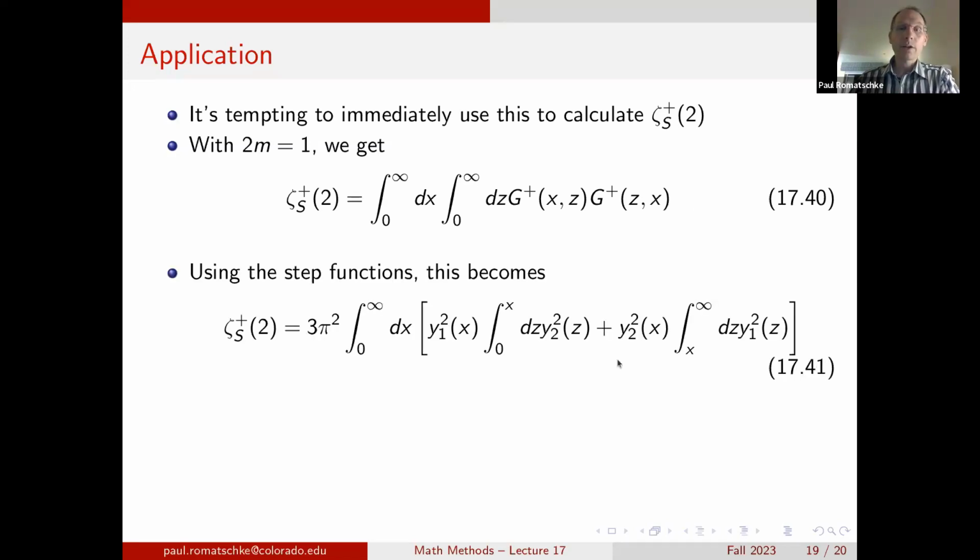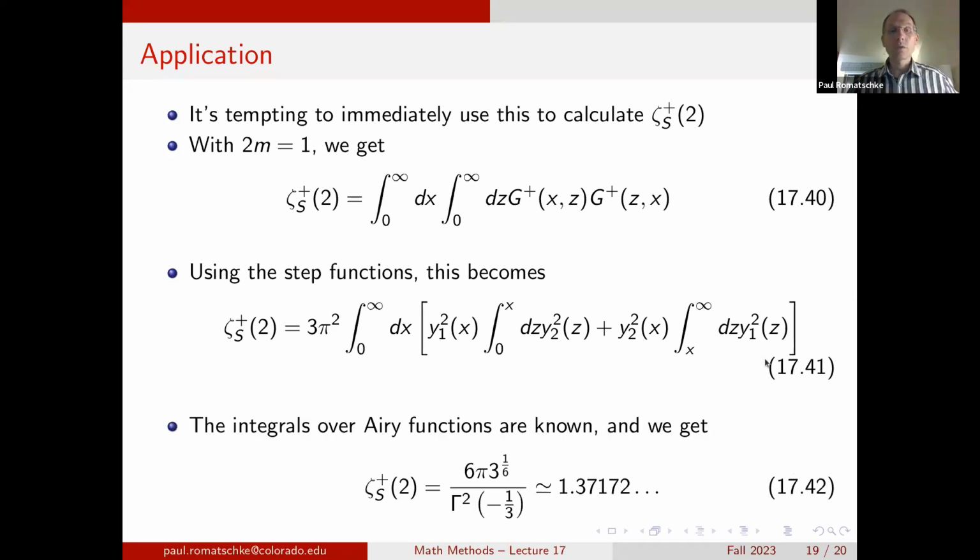If we use the step function, this turns into the following double integral, which has the y1 squared and the y2 squared and the corresponding opposite combination over here. And the integrals over the Airy functions are analytically known, so we find that we can do all of these integrals and get for zeta_s plus of 2 the following form: 6 pi 3 to the power of 1/6 divided by gamma squared of argument minus 1/3, or numerically about 1.37.